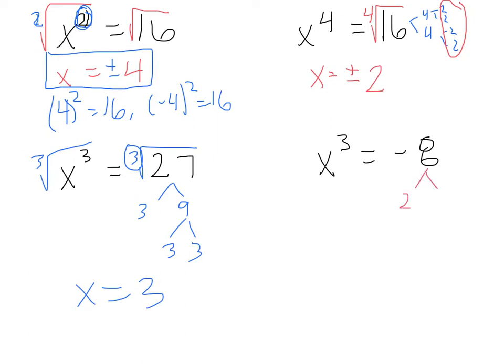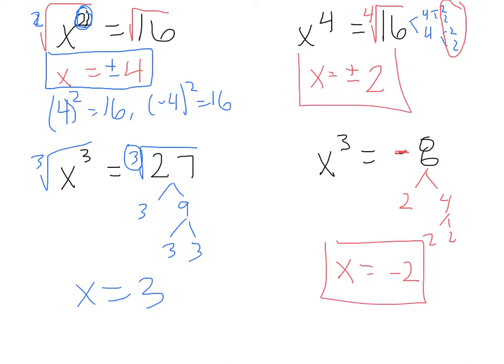In this case, I would have 2 and 4, and then 2 and 2, and since my original was negative, x would be equal to negative 2. So, just a little review: when I have an odd root, it could be whatever it begins with. So if it begins with negative, your ending number should be negative. Even root, you should always include a positive and negative answer.